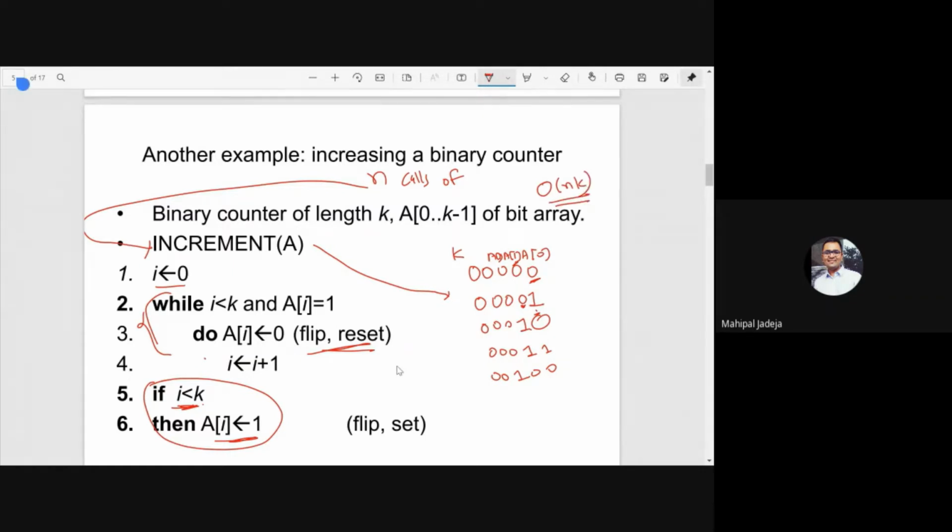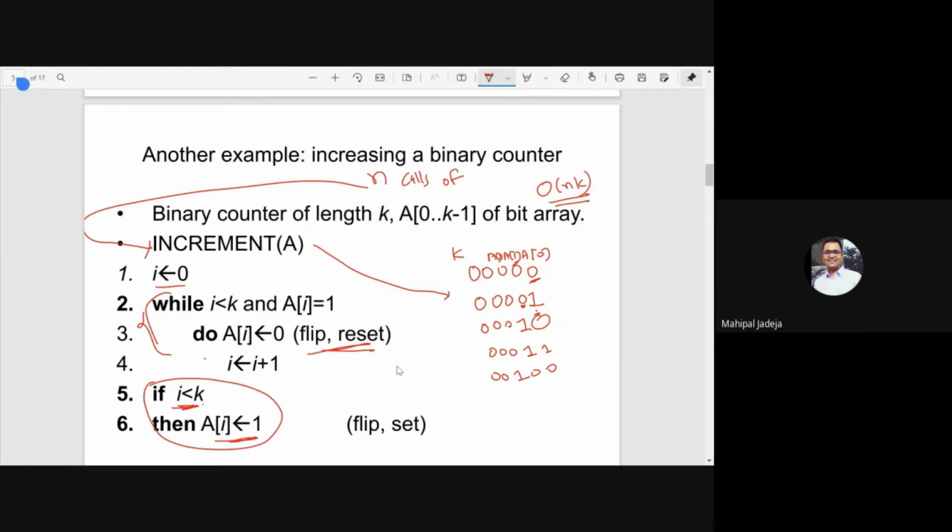Because in the worst case, what will happen? We are resetting, let's say, all the k bits every time, because again we are starting from 0. So 0 to k minus 1 will be nothing but k. So that means I am resetting k minus 1 bits and setting the kth bit. That can happen, and in the worst case, I'm assuming that can happen with respect to all the calls of this increment operation.